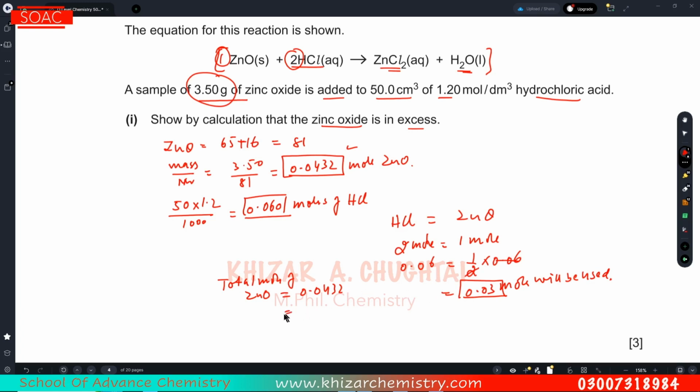So used is equal to 0.0300. Remaining mole will be almost 0.0132. So zinc oxide is in excess, and so on.